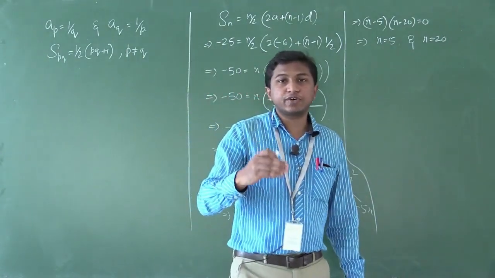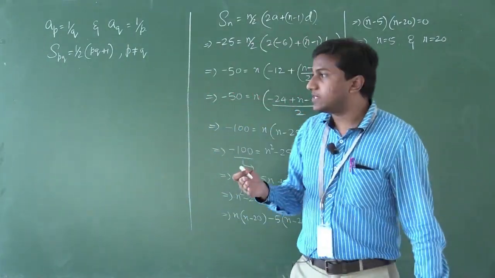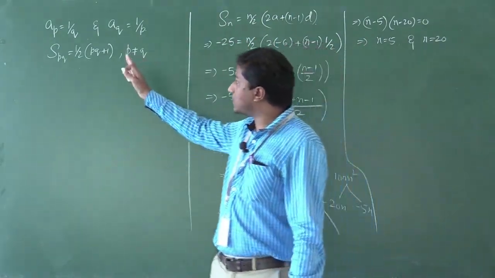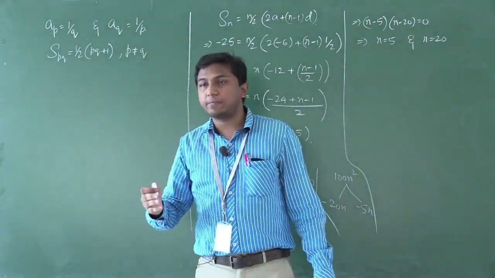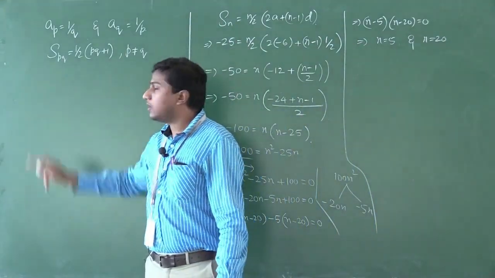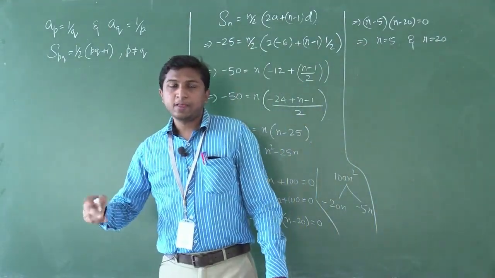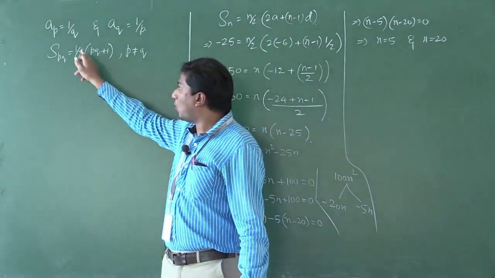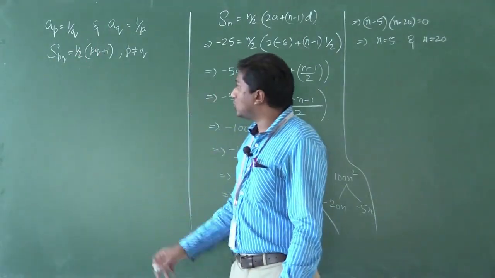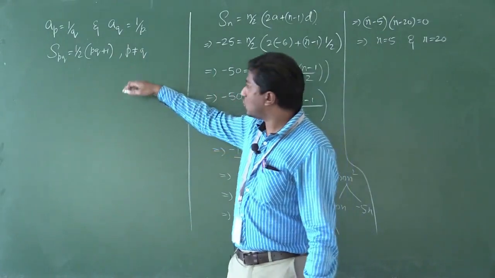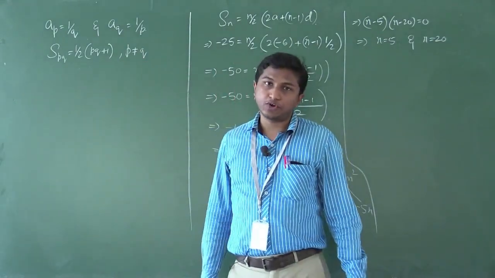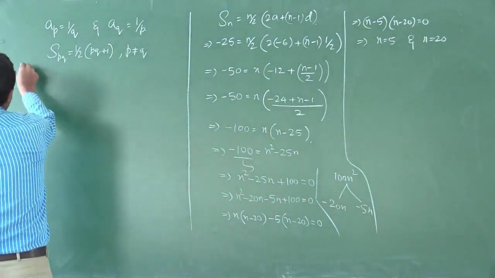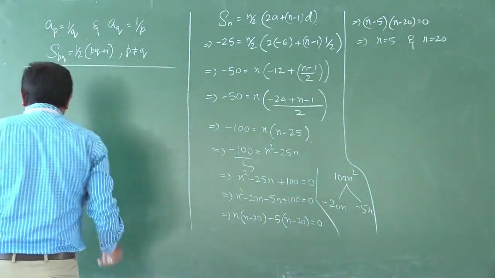The sum of first n terms of an AP is denoted by the symbol Sn. Similarly, the sum of first PQ terms of an AP is denoted by the symbol SPQ. So we have to show that SPQ is equal to 1 by 2 into PQ plus 1. It is also given that P is not equal to Q. Okay. We will use what is given in the problem.